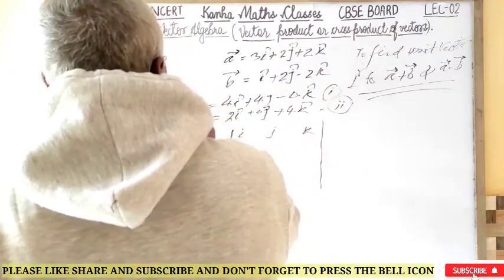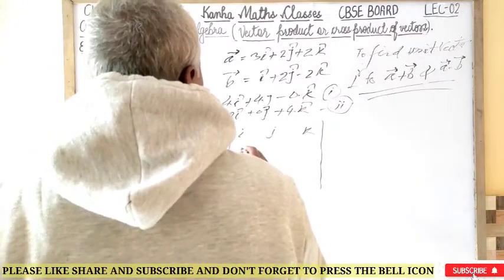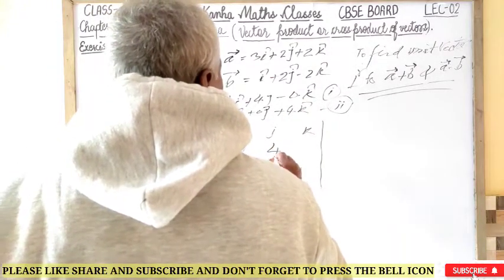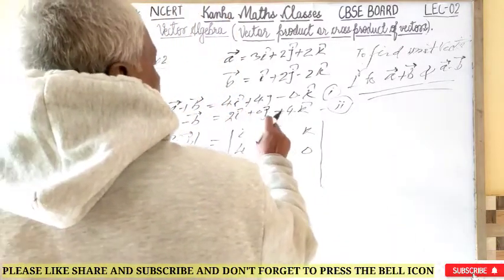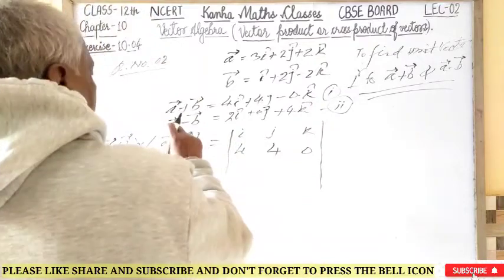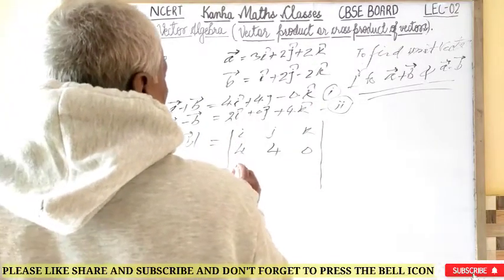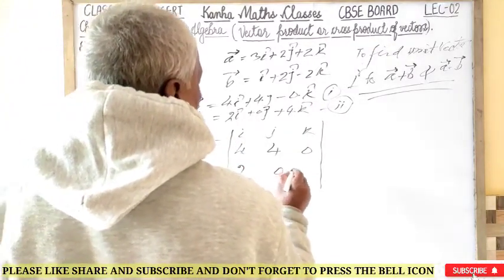In the first vector a plus vector b, we have 4, 4 and 0, and the respective coefficients of i, j, k in the vector a minus vector b, we have 2, 0, 4.